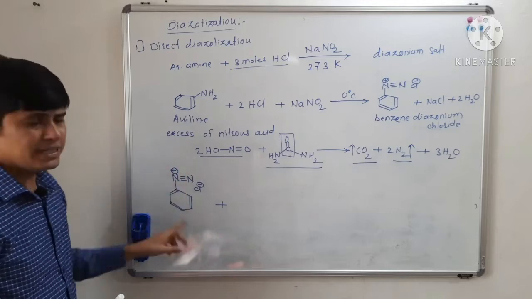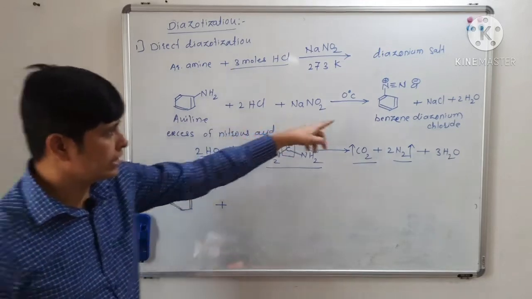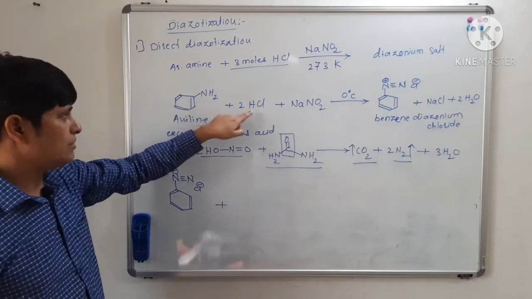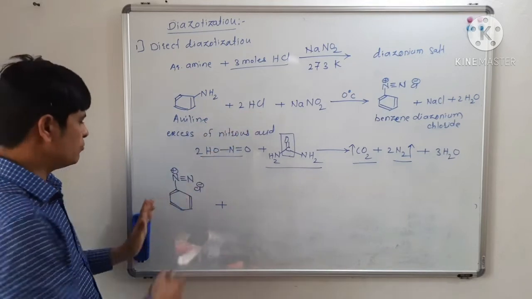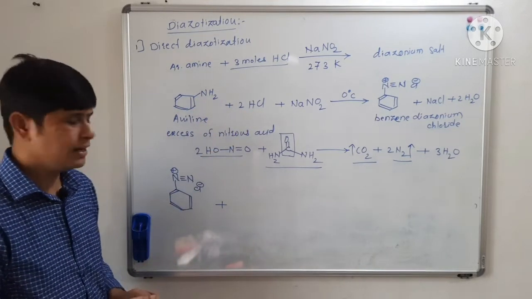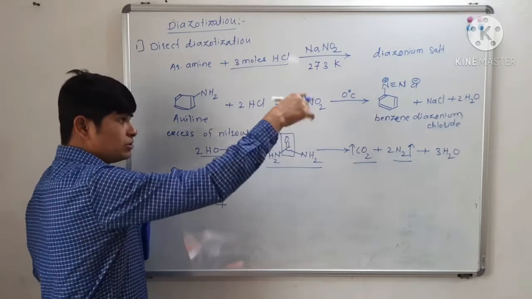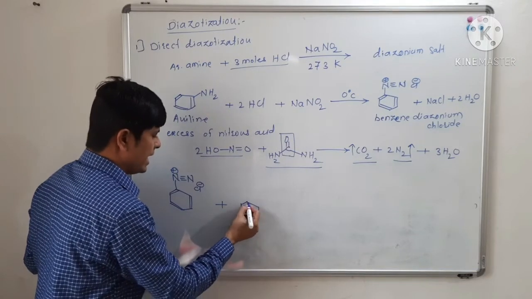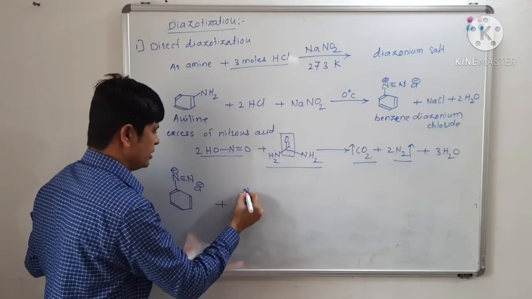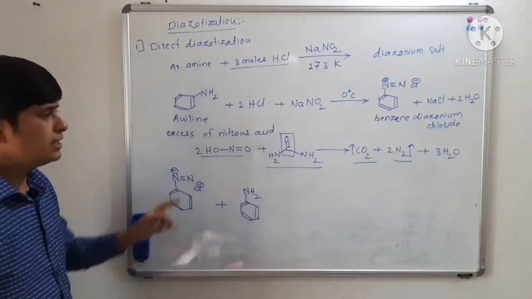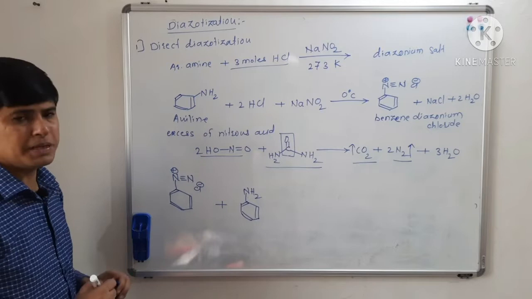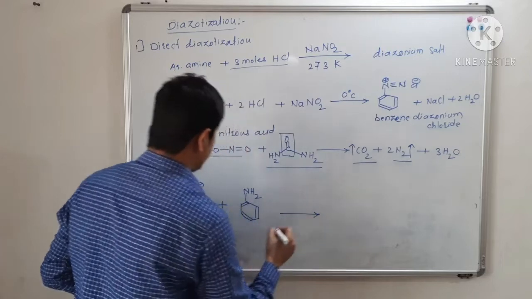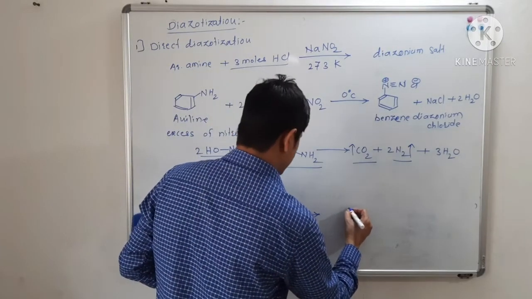We will get benzene diazonium chloride, like what we got here, by the reaction of aniline with 2 moles of hydrochloric acid. Now if we have not used the 3rd mole of hydrochloric acid, then unreacted aniline molecule will react with this benzene diazonium chloride, and there will be a formation of a byproduct.